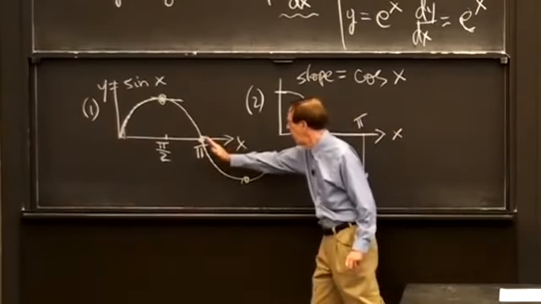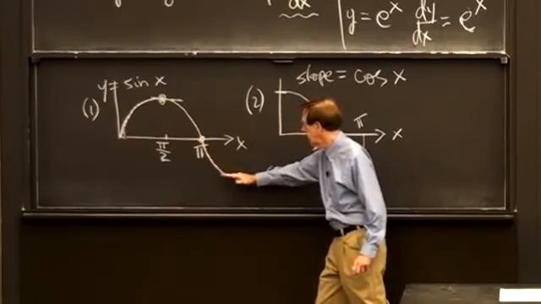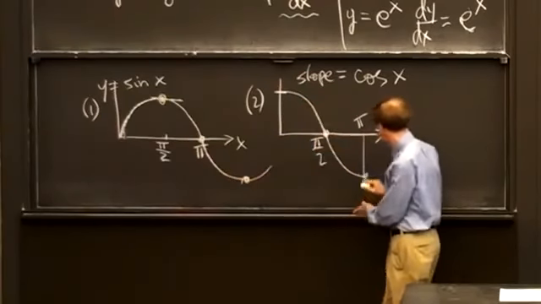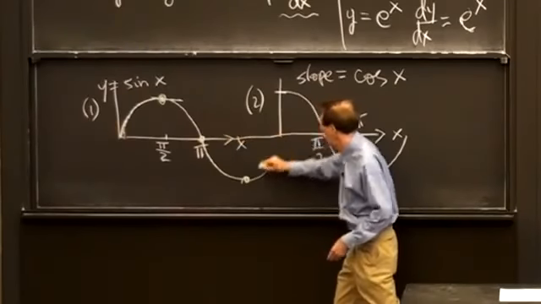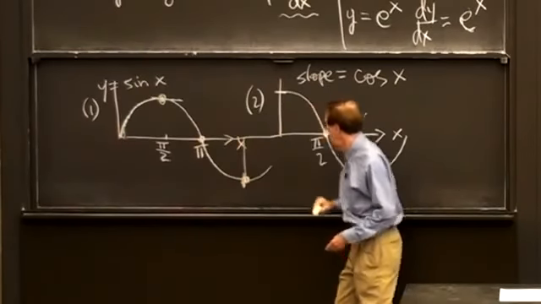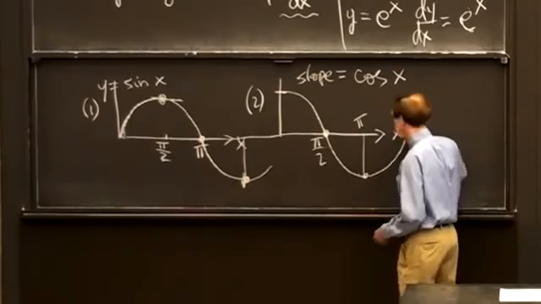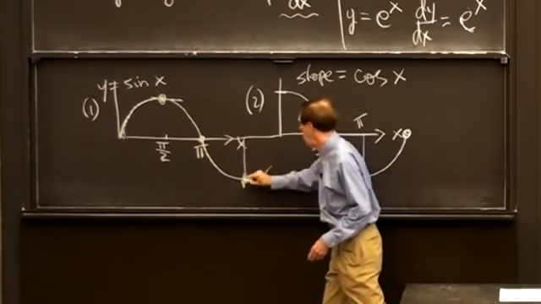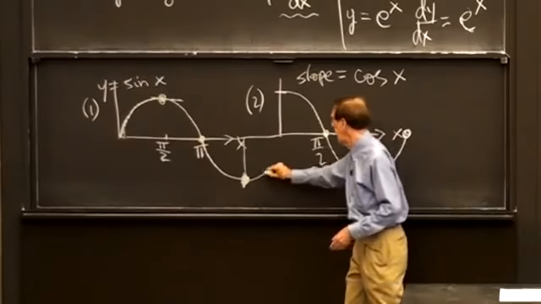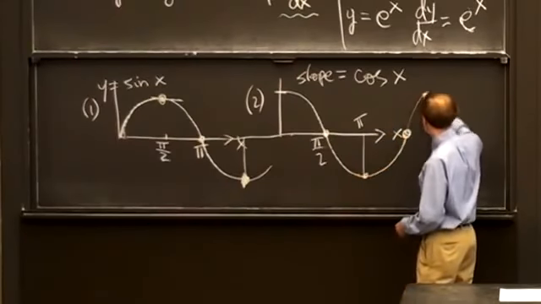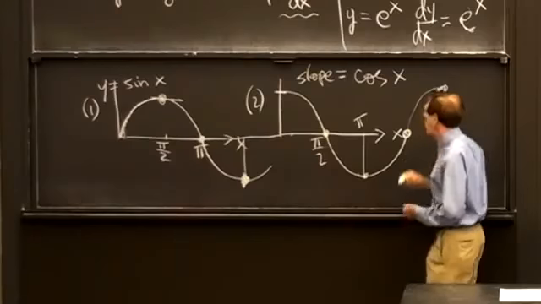And then the slope is still negative, but it's not so negative, and it comes back up to 0 at 3 pi over 2. So this is the point 3 pi over 2. And this has come back to 0 at that point. And then it finishes the whole thing at 2 pi. This finishes up here back at 1 again.